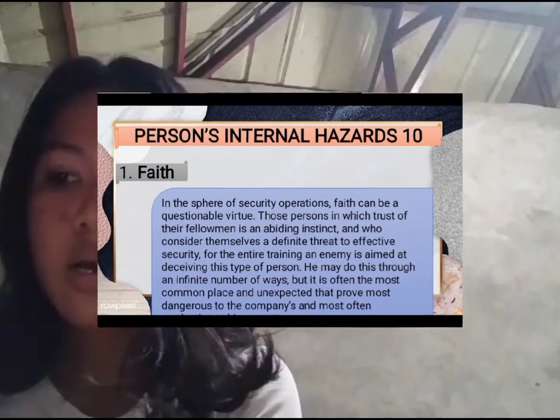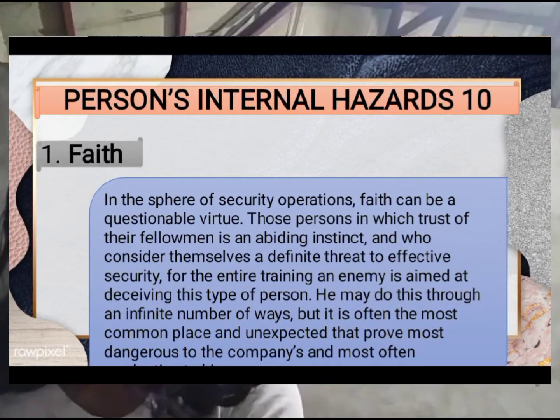Faith. In the sphere of security operation, faith can be a questionable virtue. Those persons in whom trust of their fellow men is a leading instinct can be a definite threat to effective security.